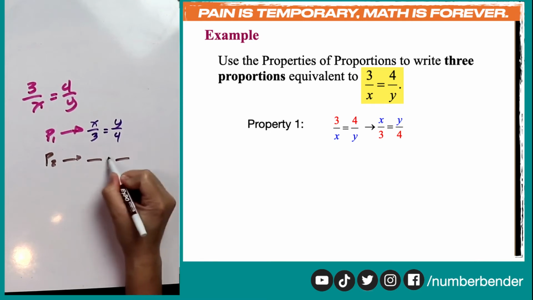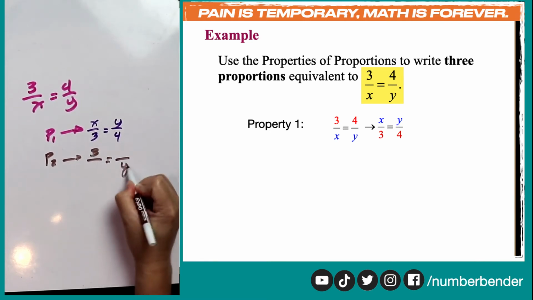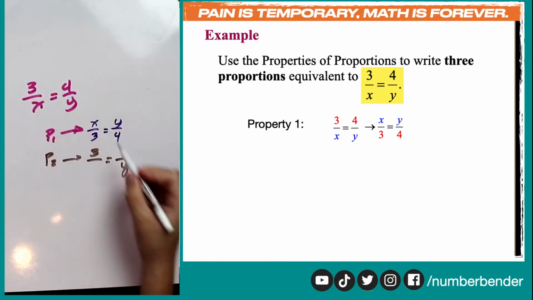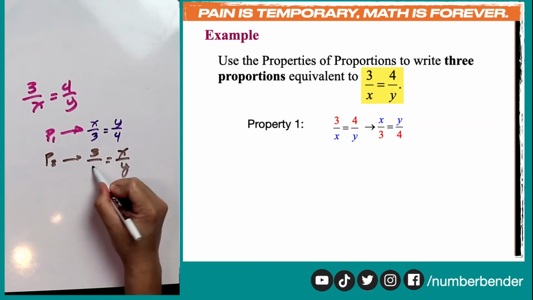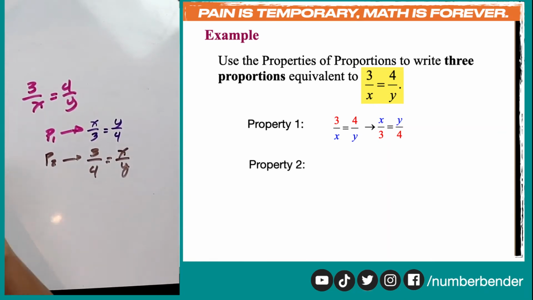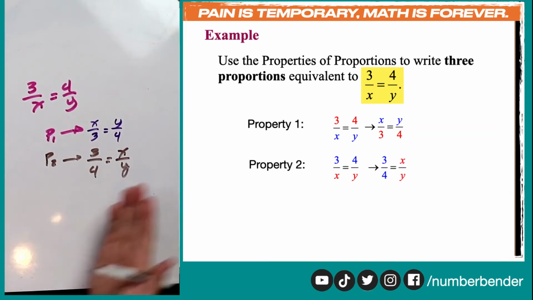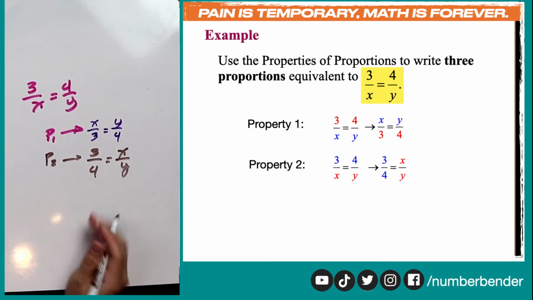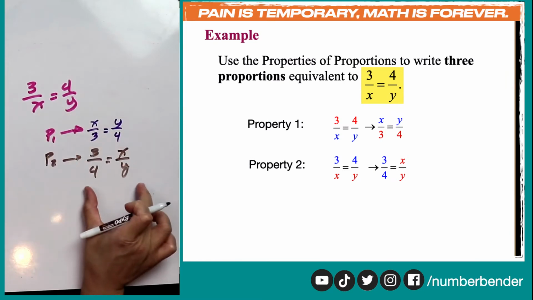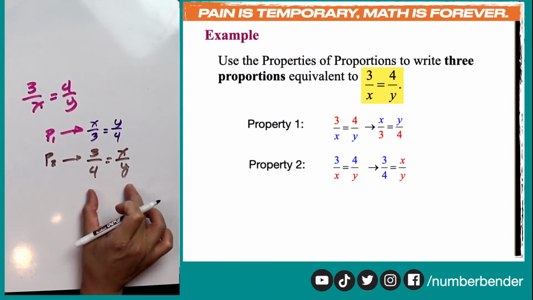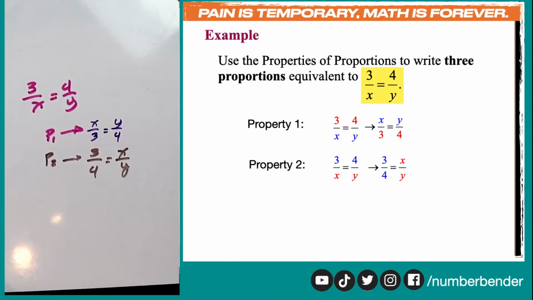So 3 and y will remain, but x and 4 will switch. This becomes x and this becomes 4. And this is the second property of changing our fractions, so that we are modifying the original and giving an equation that is still correct.